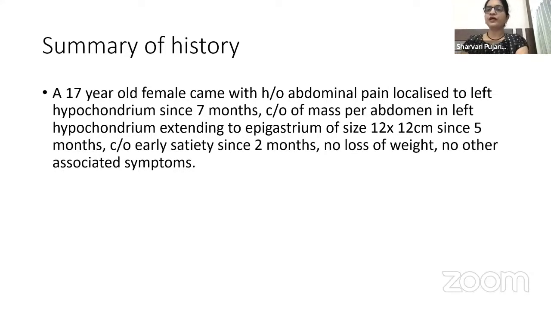You should only correlate that much information. There is a mass per abdomen in the left hypochondrium extending to the epigastrium, ma'am, probably arising from the pancreas, depending on the location, and with the history the patient is giving, maybe a pseudocyst of pancreas.